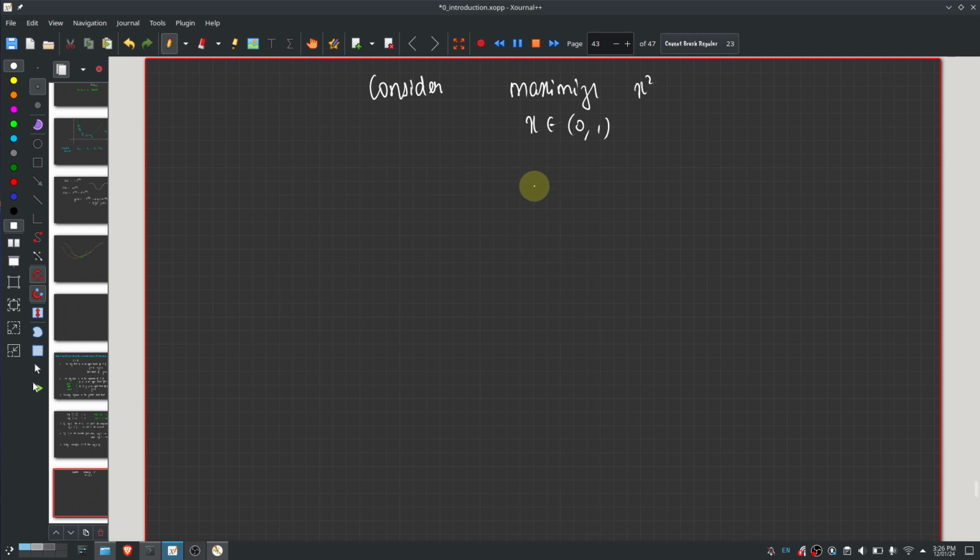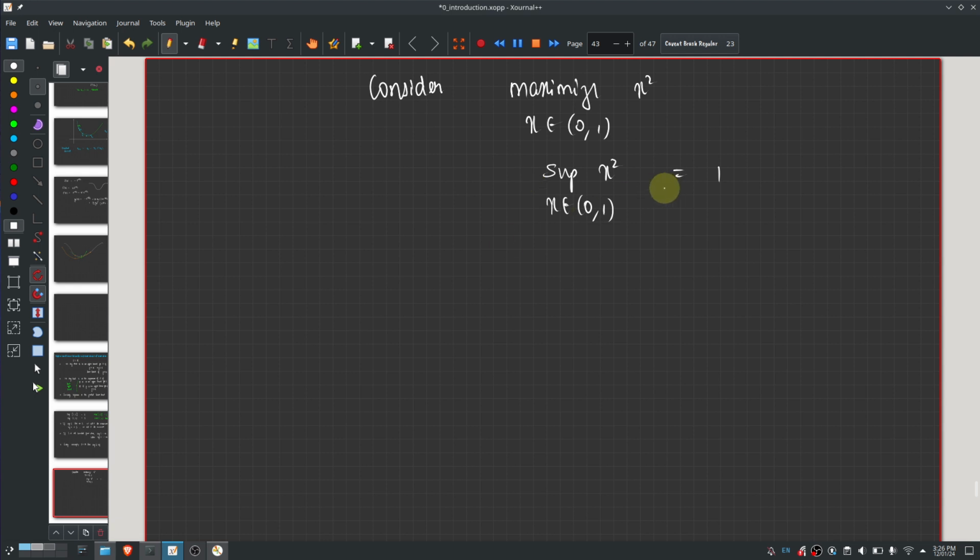So instead, if I had the supremum of x square, x lies in 0, 1, what is this equal to? It's equal to 1, right? So it's equal to 1. But the maximum of x square for x in 0 to 1 does not exist.